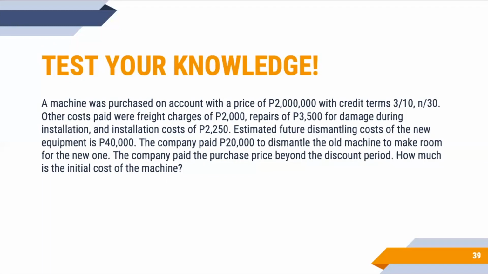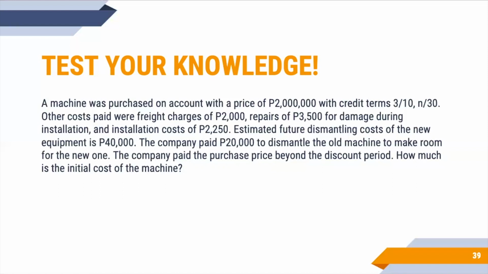Test your knowledge question number 2. A machine was purchased on account with a price of 2 million pesos with credit terms 3, 10, and 30. Other costs paid were freight charges of 2,000, repairs of 3,500 for damage during installation, and installation cost of 2,250.